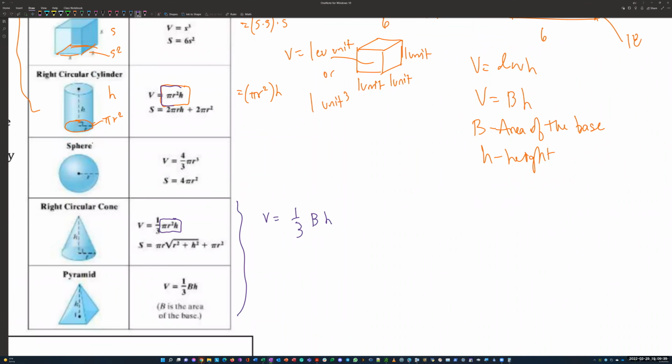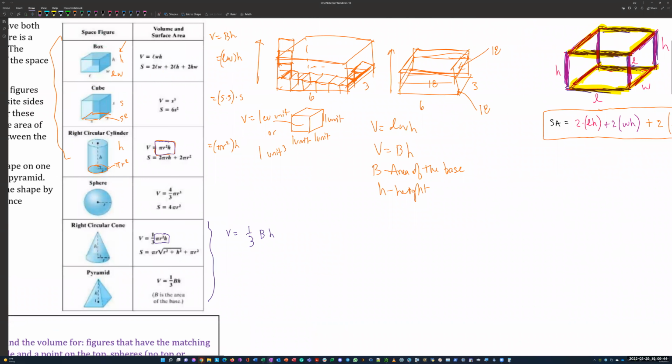This is pi r squared h. This is just 1/3 of that previous formula. These things I said have volume b times h. This says 1/3 b times h. All you have to do is remember 1/3 times the volume if it wasn't a cone or a pyramid. Does that make sense?